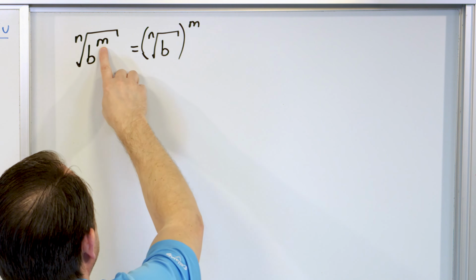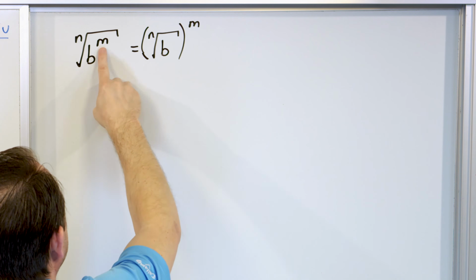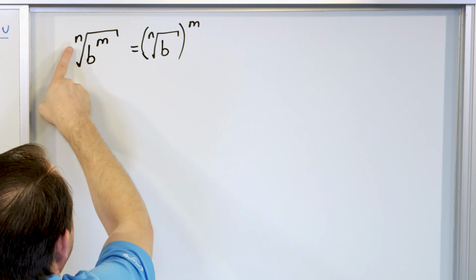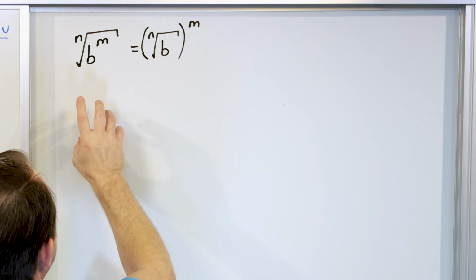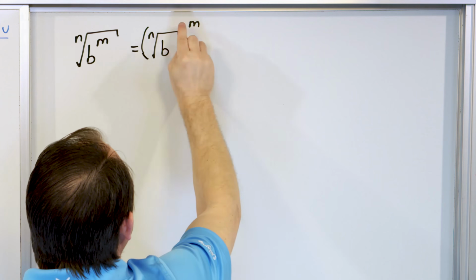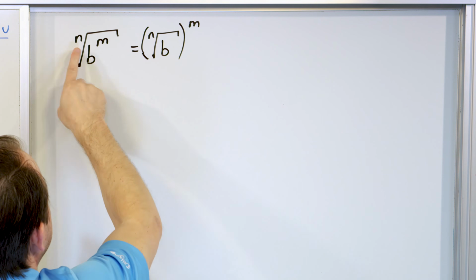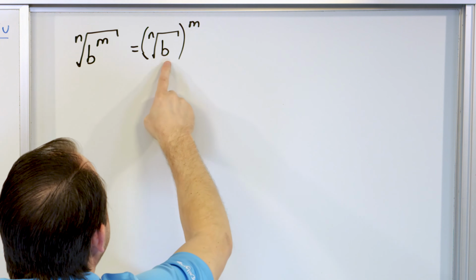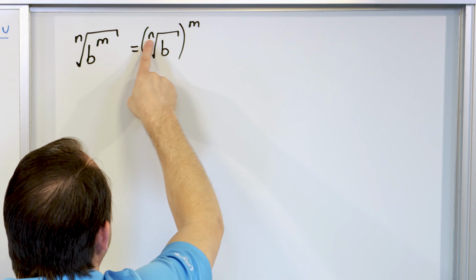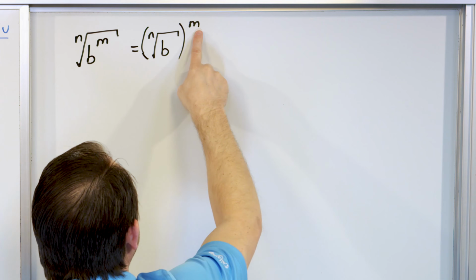You have an exponent inside of here. Like I said, it could be 5 to the 3rd power, but then taking the square root. But what I'm telling you is, I can take this exponent completely outside and do it last. In other words, here I'm raising b to some power and then taking the nth root. And here I'm taking the nth root first and then raising the result to the mth power.